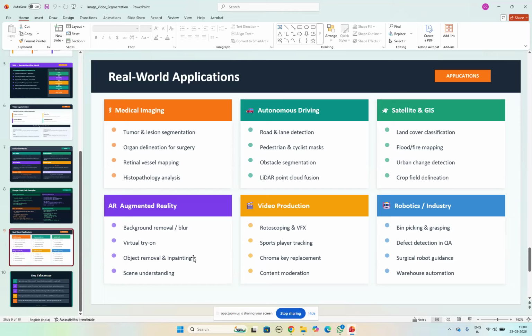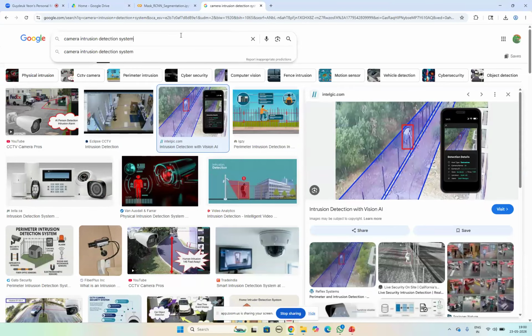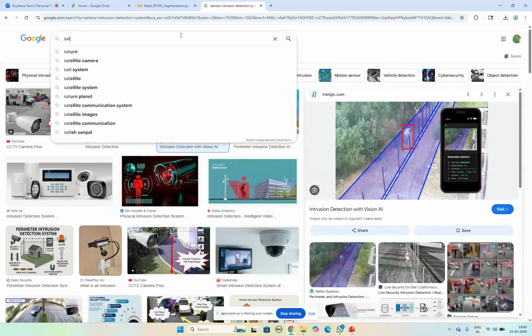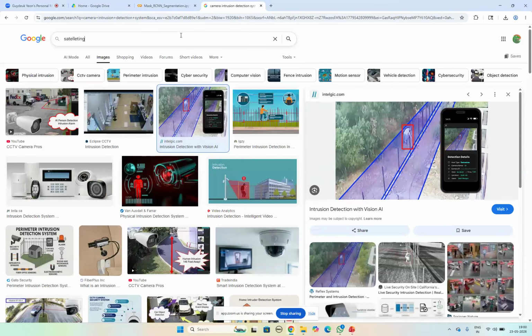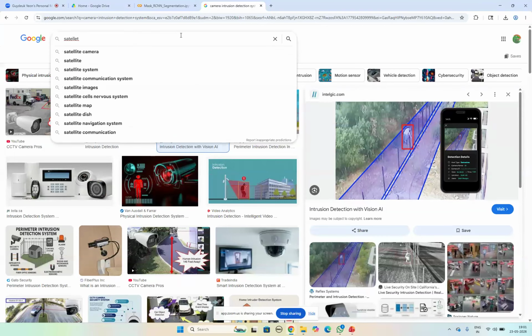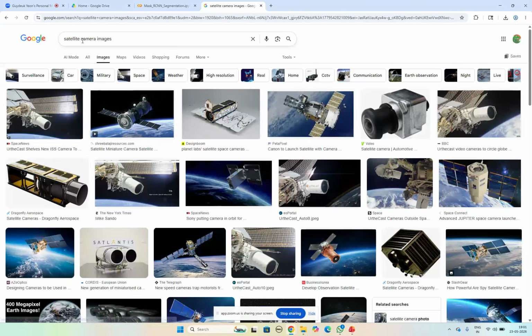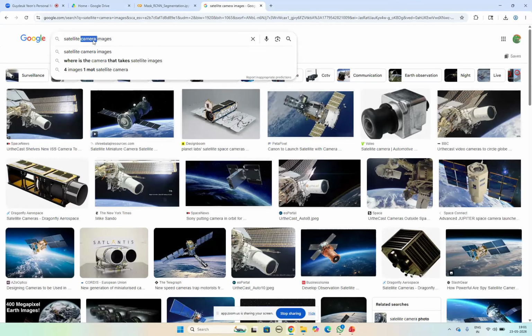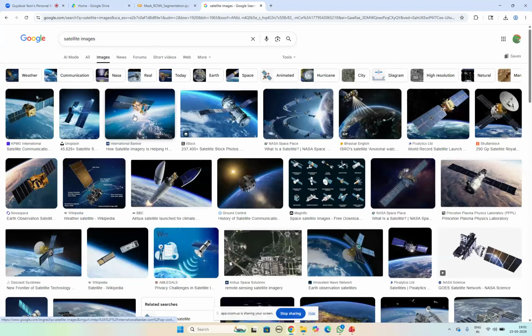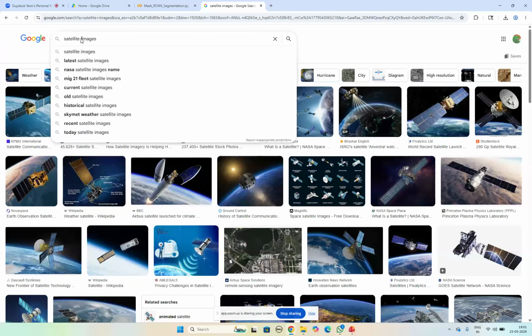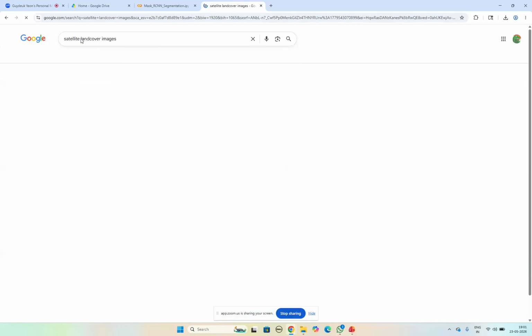Coming to satellite and GIS, have you seen satellite images? Yes, sir. Satellite images are captured 24/7. When we take those, we can segment them.